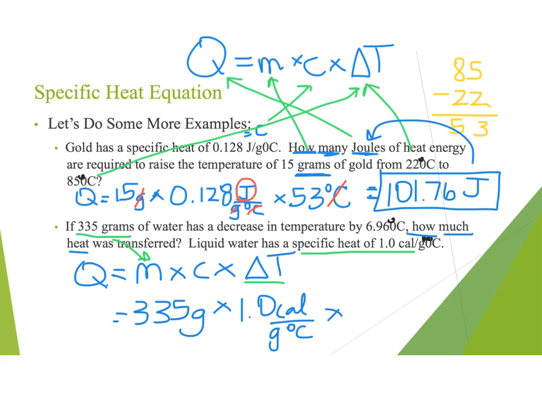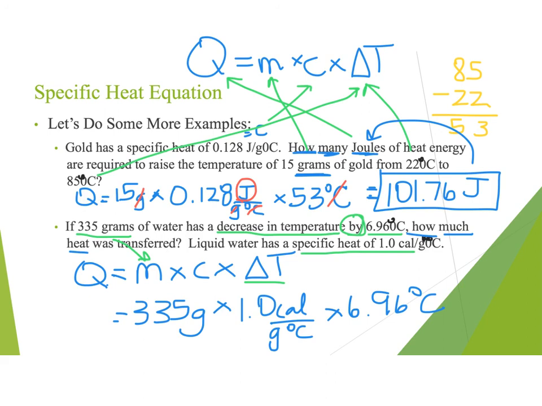Now here, a change in temperature is actually already given to us. Like, we don't have to subtract this time because it says the water had a decrease in temperature by 6.96 degrees. So that's kind of easy to use because we don't have to do that extra subtraction step. We already know it's being decreased by that much. That is our change. So we're going to use that 6.96 degrees Celsius as our change in temperature.